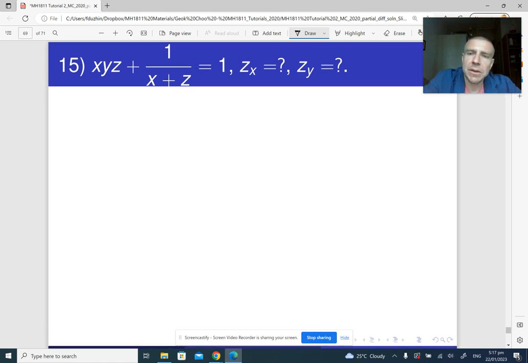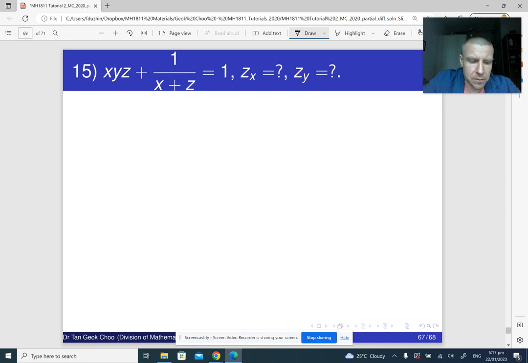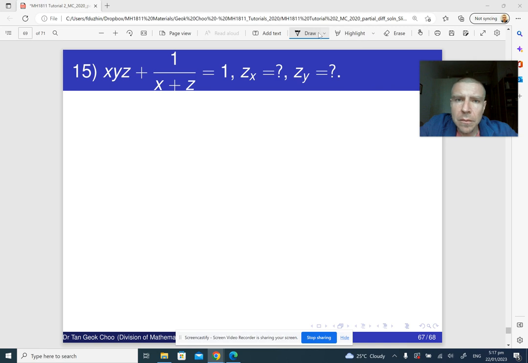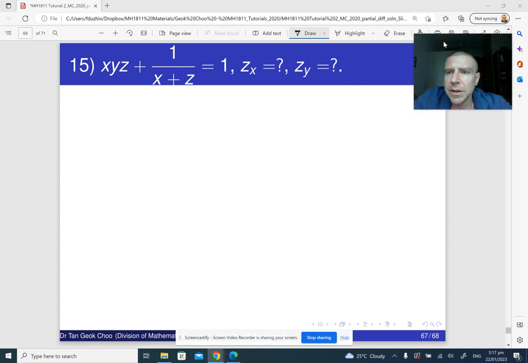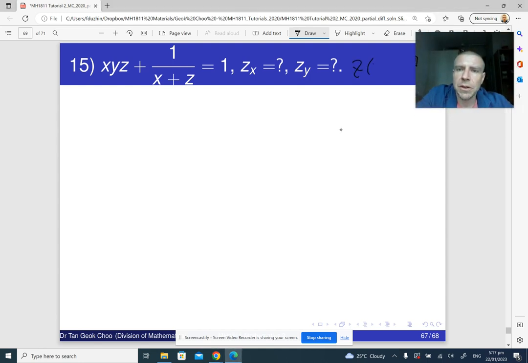All right, so z here is supposed to be a function of x and y. So z is a function of x and y.